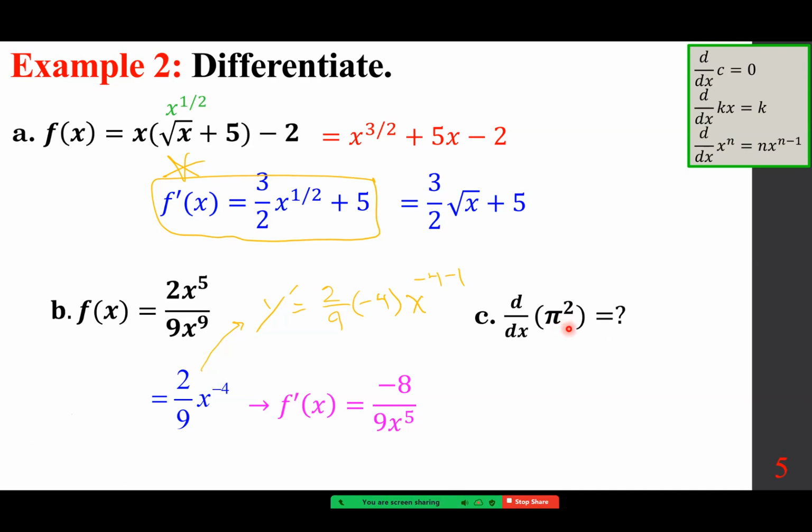What is the derivative of 1/2? What is the derivative of 10 billion? What is the derivative of e? Any constant, the answer is 0. So I want you to be very careful with that concept. Because it's pi squared doesn't mean it's 2 pi. Pi is a number. Therefore, the answer is simply 0.